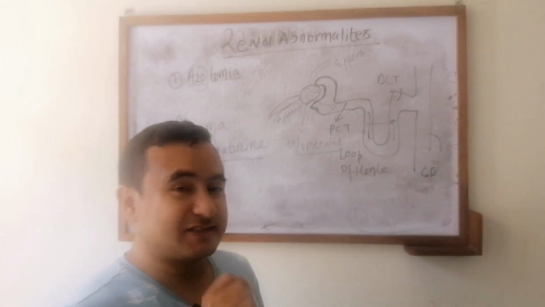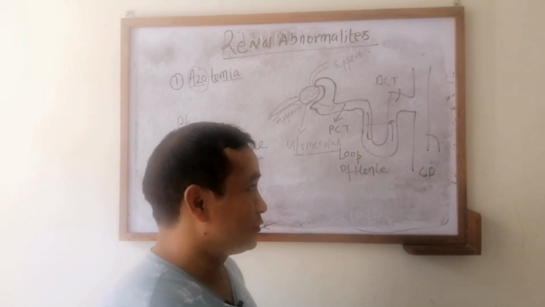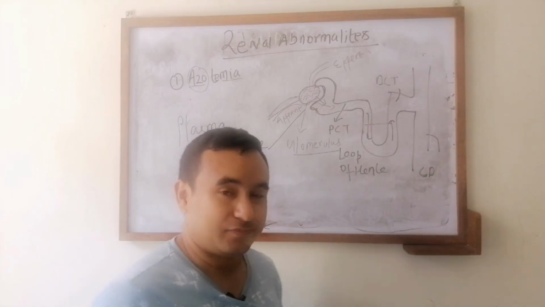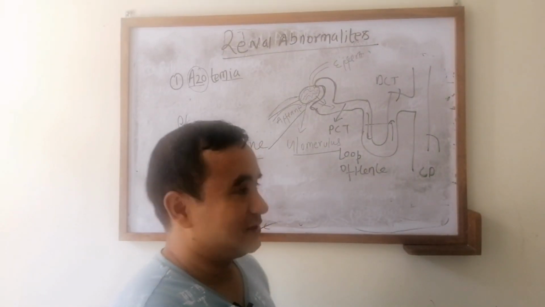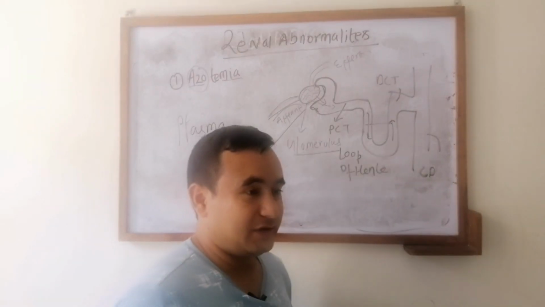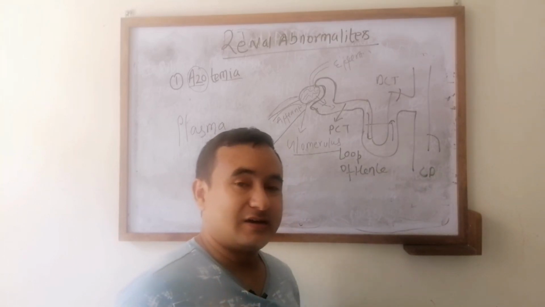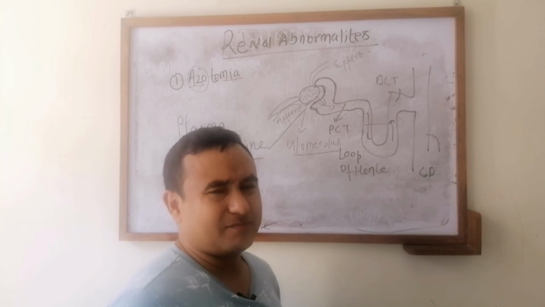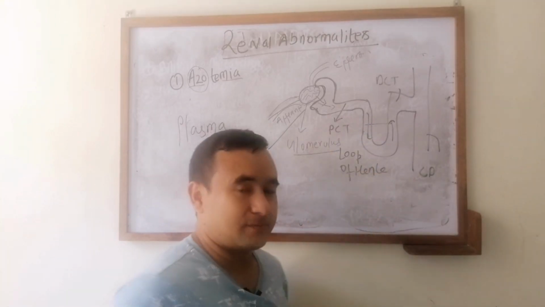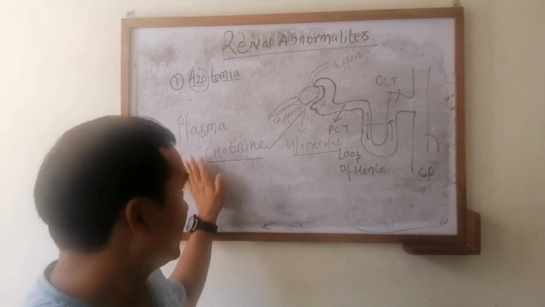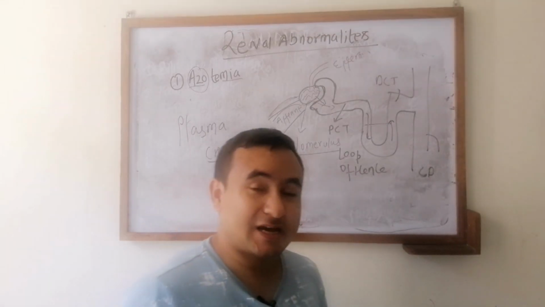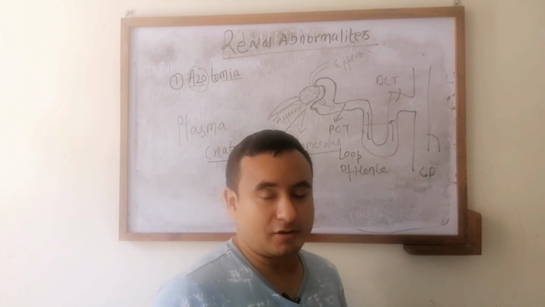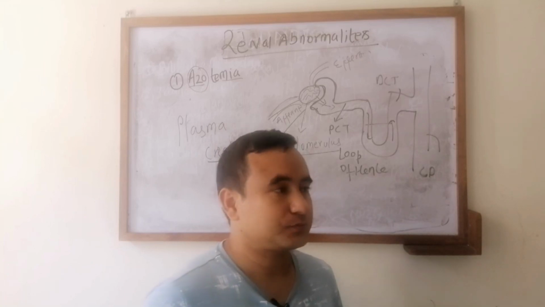Because creatinine is a small substance which is freely filtered out from the glomerulus and passes in the urine. It is neither reabsorbed nor, at most, minimally secreted in the tubules. That's why we can use the plasma creatinine level to estimate the eGFR, or glomerular filtration rate.